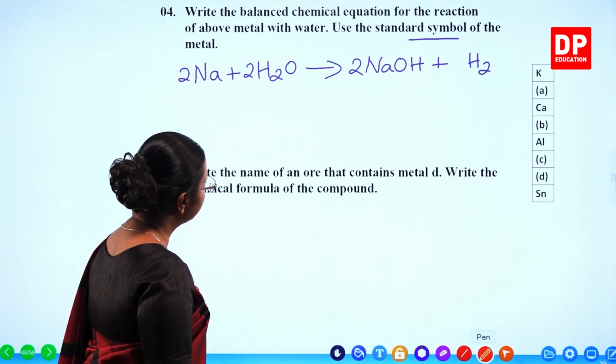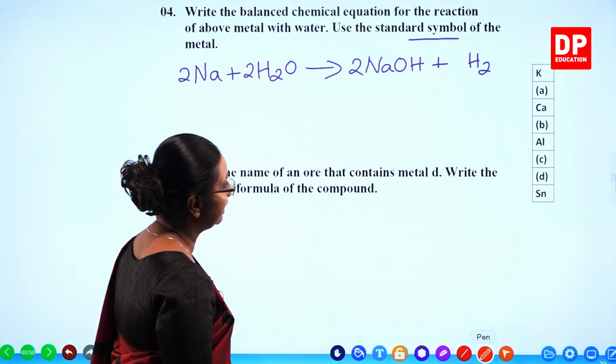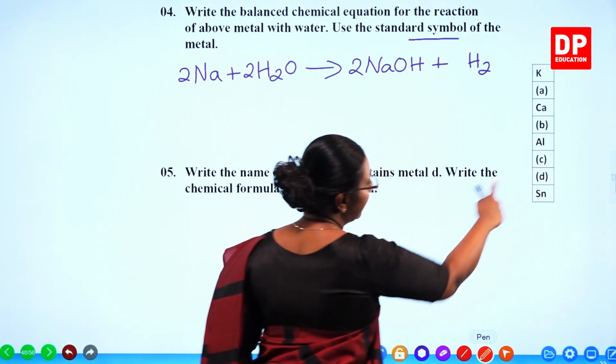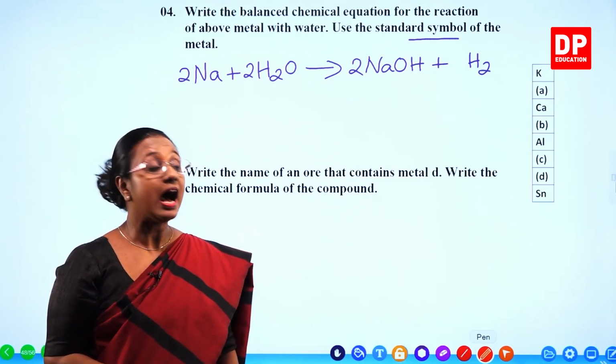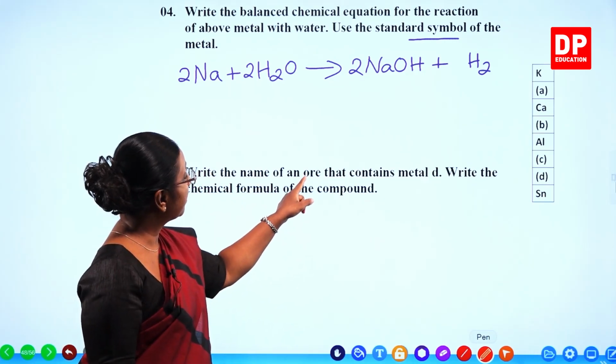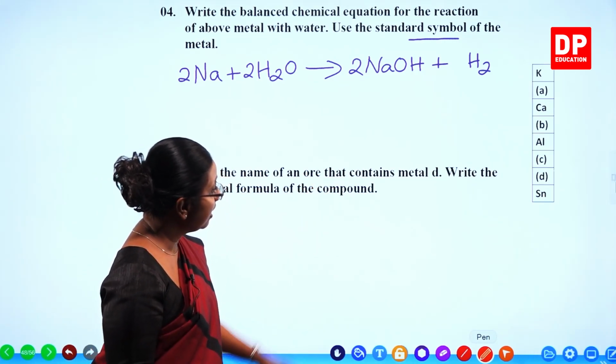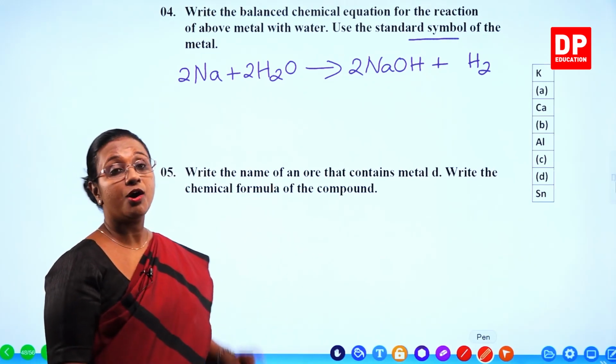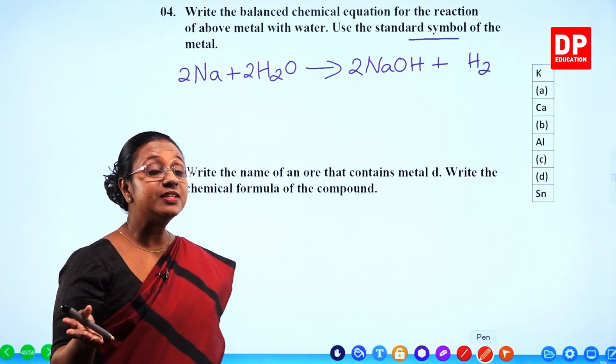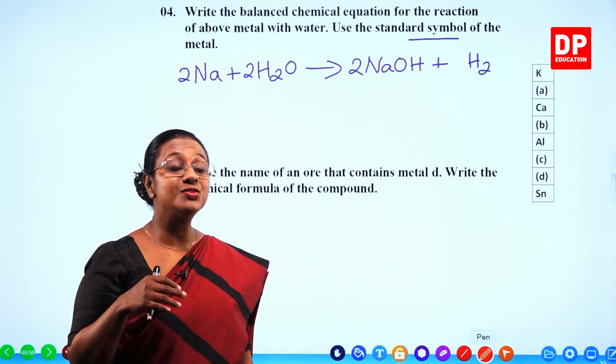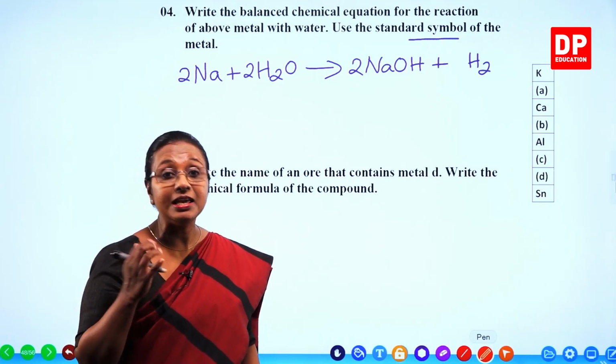Write the name of an ore that contains metal D. Now, metal D, what is that? We identified it as iron. So, write the name of an ore that contains metal D. Write the chemical formula of the compound. So, what is the ore? We used it in the blast furnace to extract iron. Hematite.